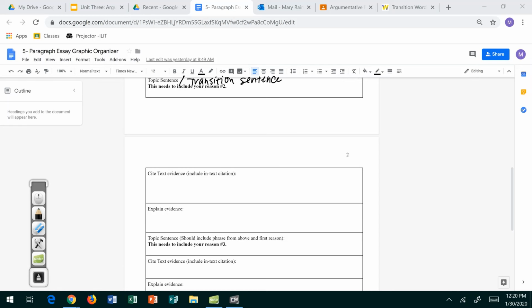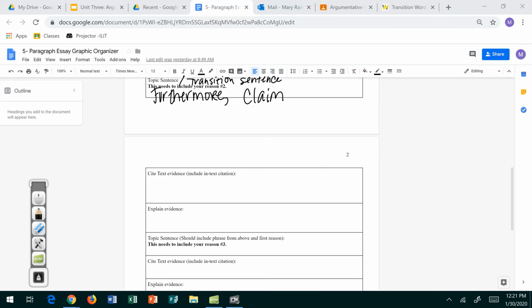So, whichever one you just had in your brain for the transition words or phrases, you're going to put that at the beginning of your second paragraph. So I'm just going to put "furthermore," because like I said, I like to use that one. Furthermore. And then the rest of it is your claim.